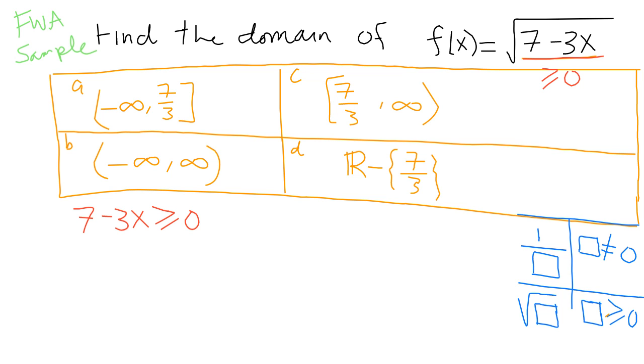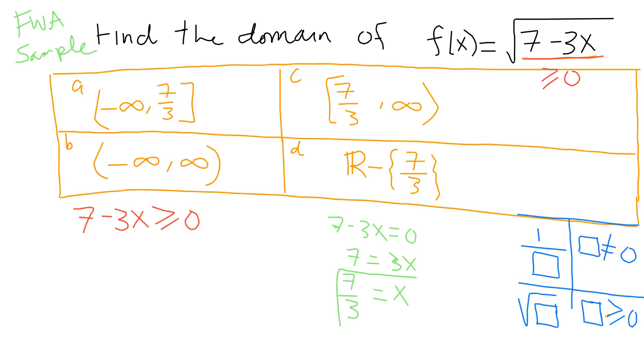Forget about the greater than for now and solve 7 minus 3x equals 0. 3x goes to the other side, 7 equals 3x, so x is 7 over 3, right?